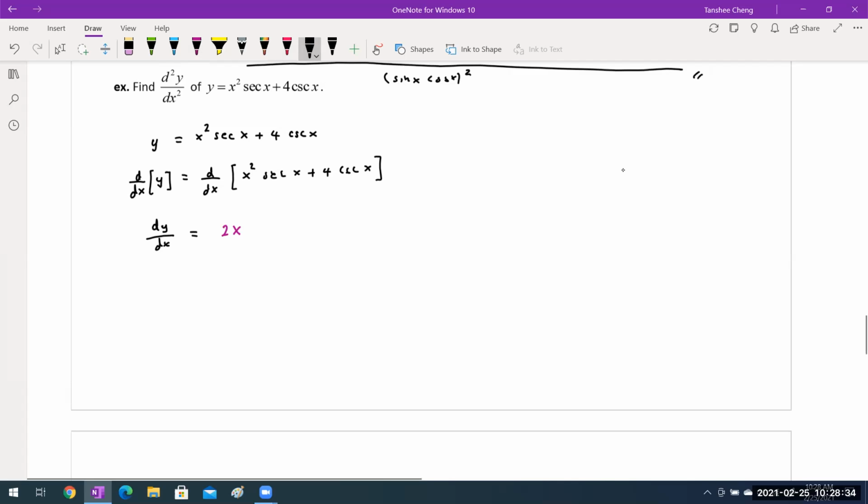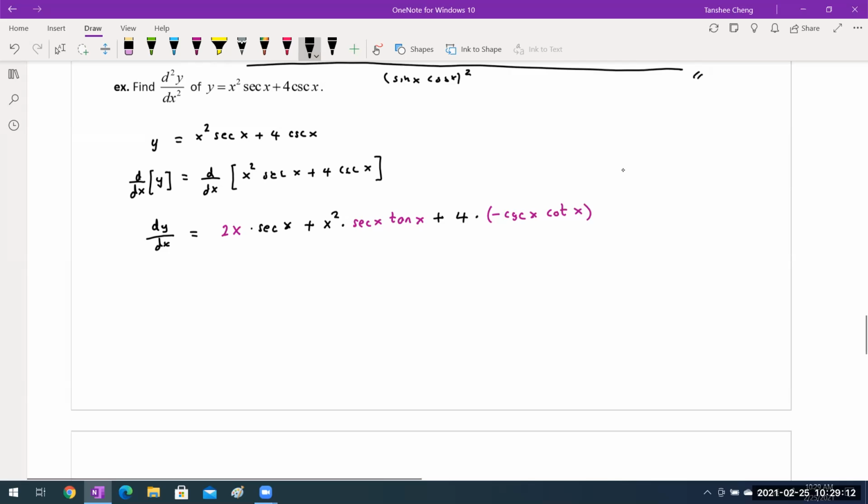times the second factor, which is secant x, plus now taking the derivative of the second factor, which is x squared times derivative of secant x, that will be secant x tangent x, and then continuing, plus derivative of the second term, which is 4 times derivative of cosecant x, that is negative cosecant x cotangent x.